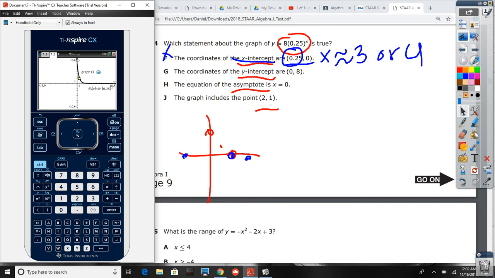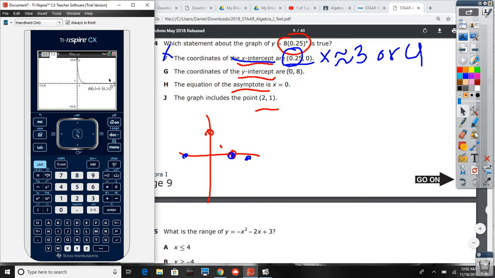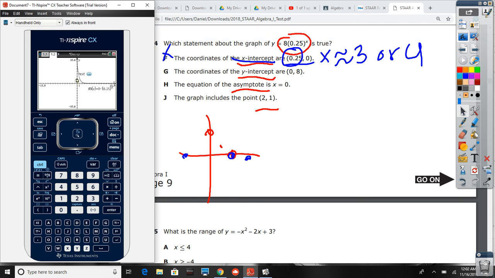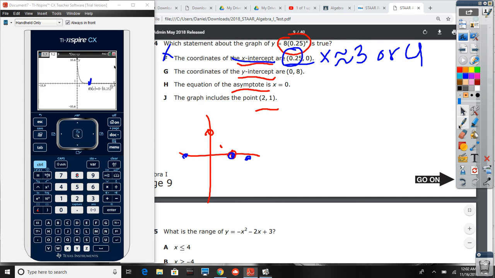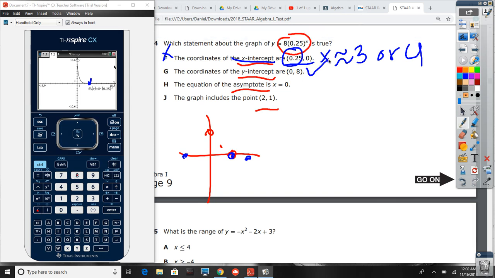Okay, so if I see my y-intercept is 0, 8, that is 1, 2, 3, 4, 5, 6, 7, 8, could be around 0, 8, right? So that one could match because when I count there, it is about at 8, right? I'm not sure, so I can look at the table actually.